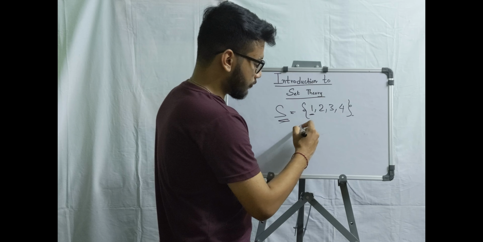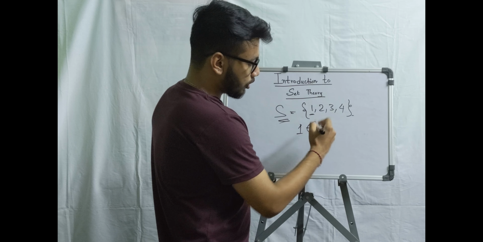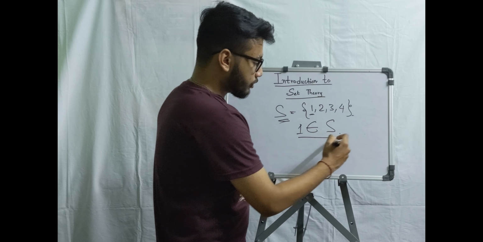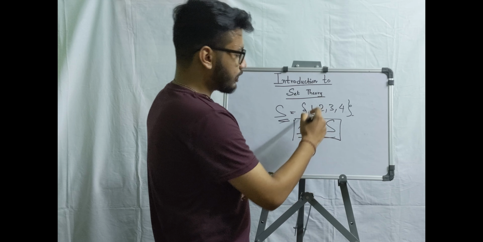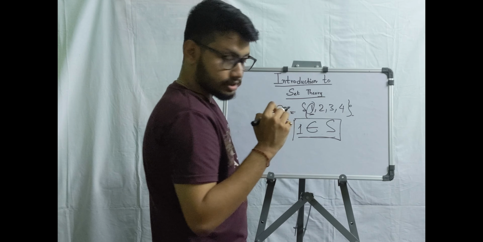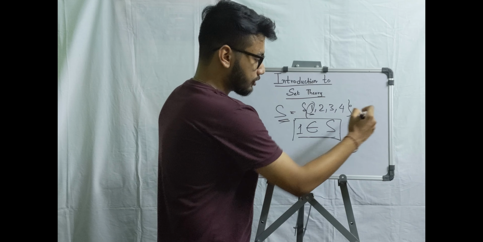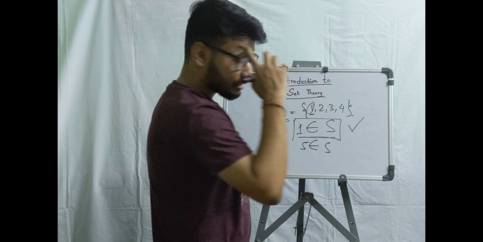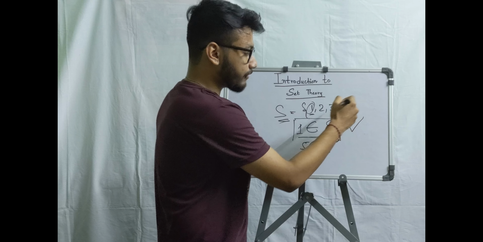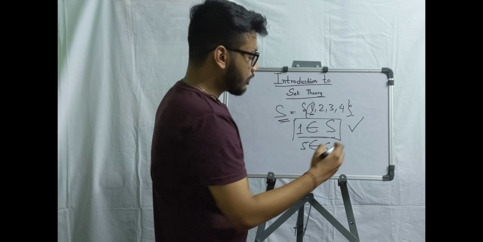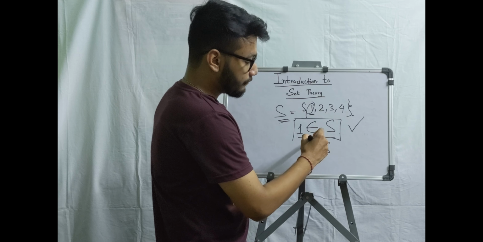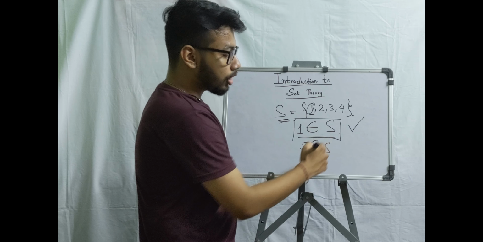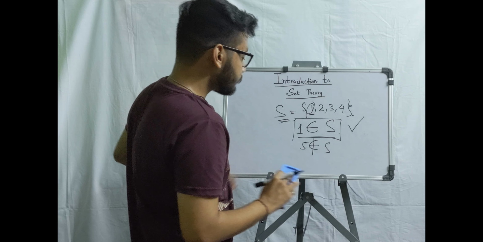I write 1, and this symbol is called belongs to, S. So 1 belongs to S. It means that the element 1 belongs to S, so it is a correct statement. Now if I write 5 belongs to S, is it a correct statement? No, because 5 does not belong to this set S. So rather I should write 5 not belongs to S in this way. This is the not belongs to symbol.